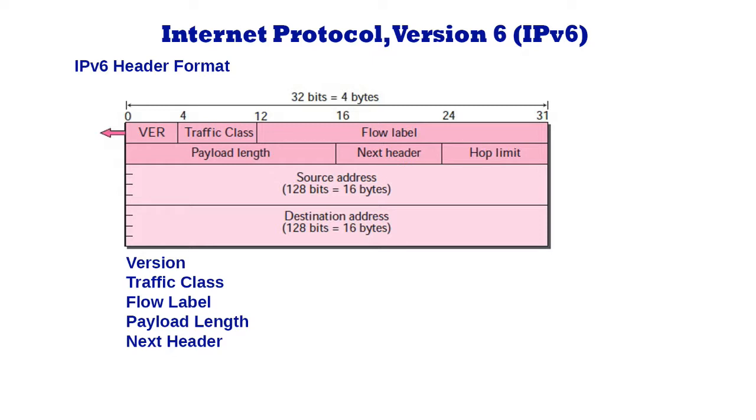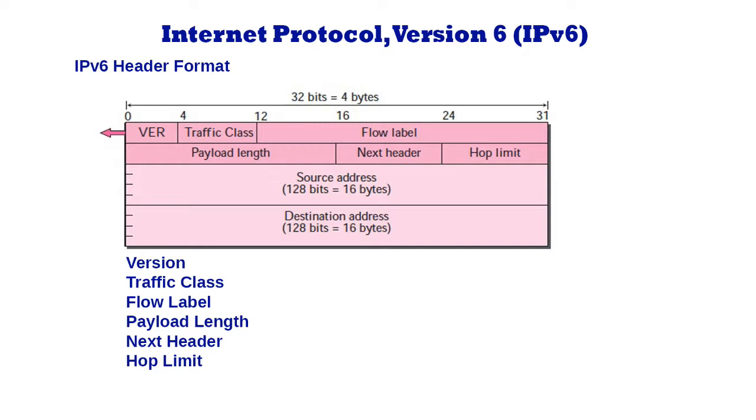Next header. Next header is an 8-bit selector and identifies the type of header immediately following the IPv6 header and uses the same values as the IPv4 protocol field.